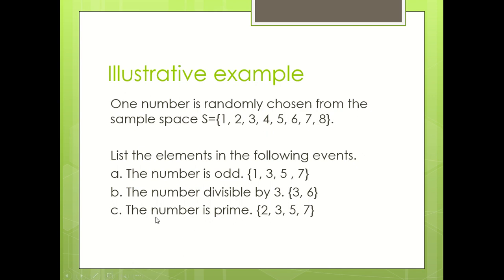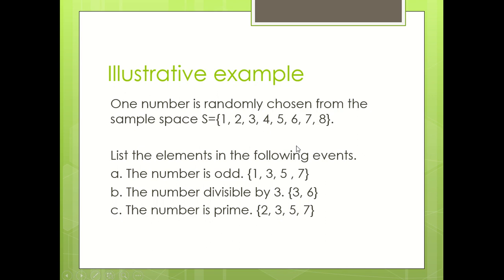Finally, in letter C, you are asked for a number that is prime. Before we identify a prime number, you have to be sure that we know how to define what a prime number is. A number is said to be prime if its factors are only 1 and itself. 1 is not included as a prime number because the smallest prime number is 2.